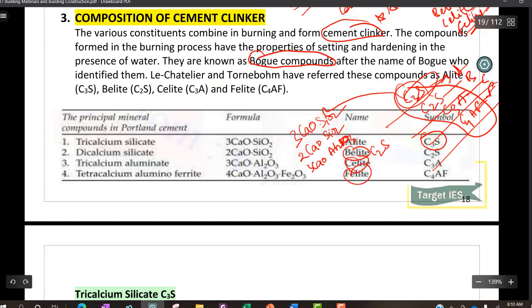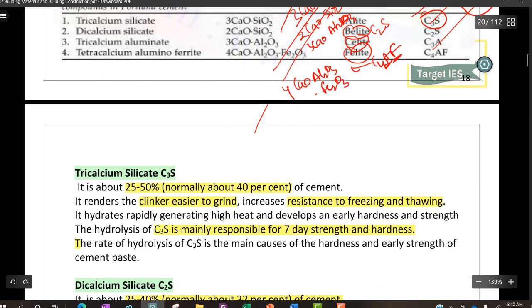Al2O3. And felite, it is C4AF. So what is it? It is nothing but 4C, that means 4CaO, 1A, that is Al2O3, and 1F, which is Fe2O3, iron oxide. I hope it is very clear. So tricalcium silicate, dicalcium silicate, tricalcium aluminate, and tetracalcium aluminoferrate. Okay, I hope it is very clear.